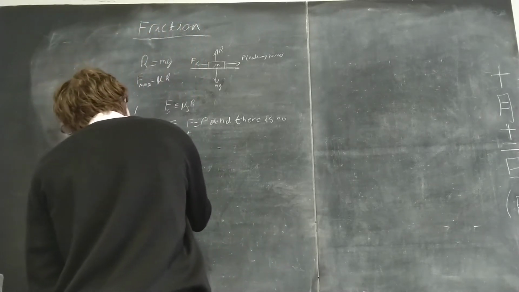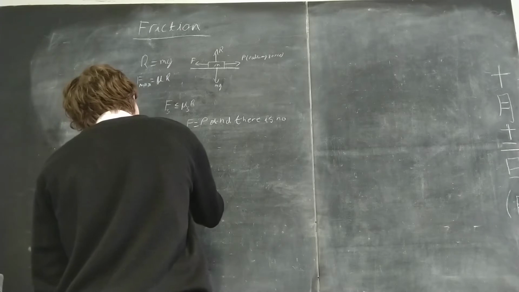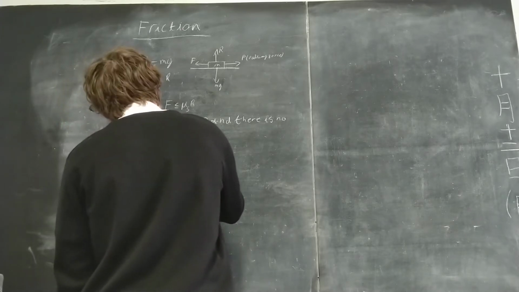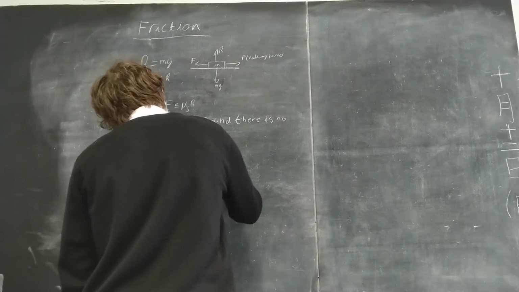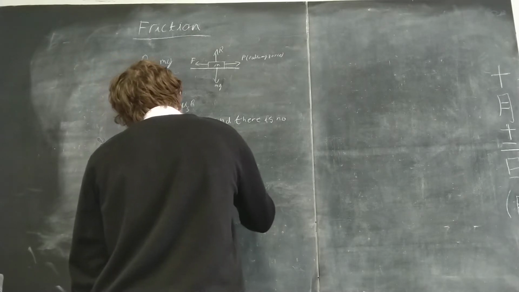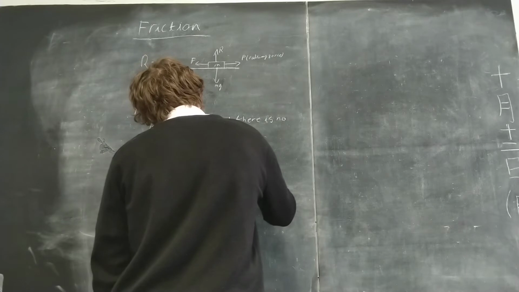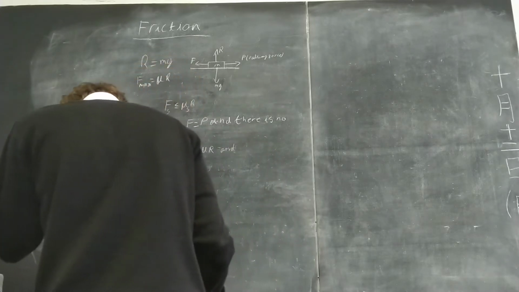If P is greater than friction, then F is at its max, which is equal to mu R, and motion occurs.